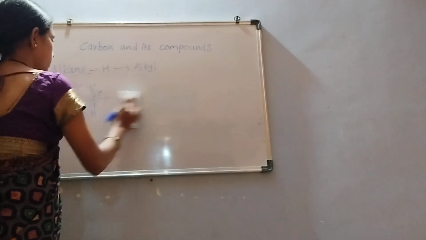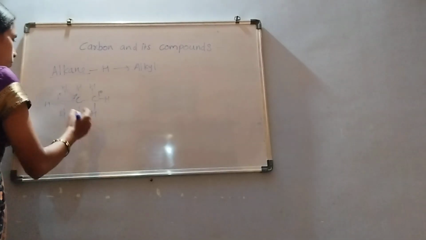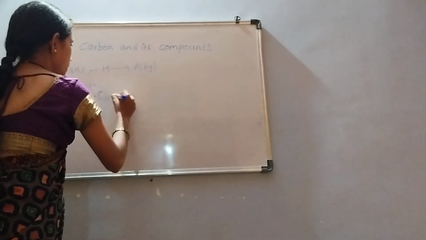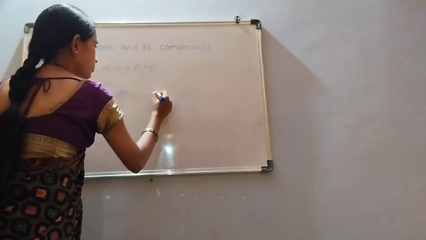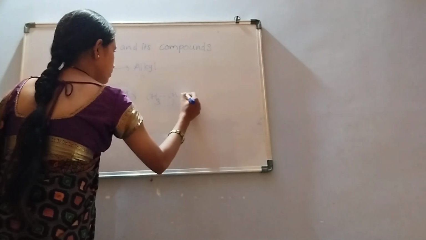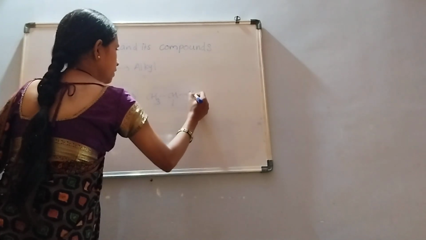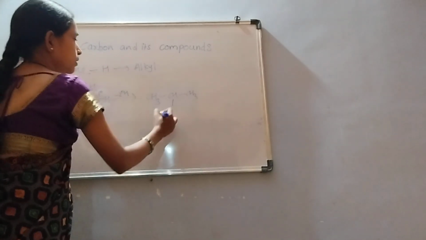Now we are removing the second degree hydrogen. So how will the structure be? In this case, CH3 CH CH3. This is the structure. How are we going to write it?